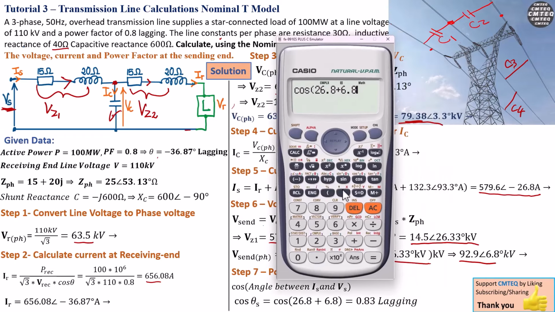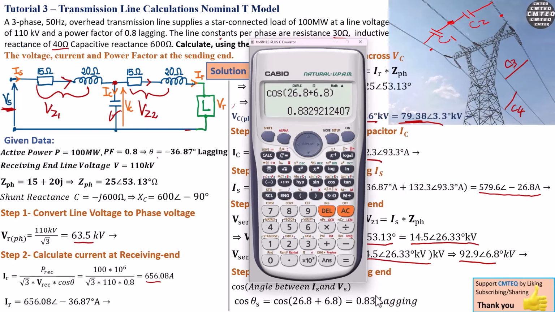You close your bracket, equal, and you find 0.83. This is the power factor, which is lagging at the sending end of the line. From here, like I said earlier, you can get the power at the sending end and get the efficiencies. You already know the power at the receiving end, 100 megawatt.